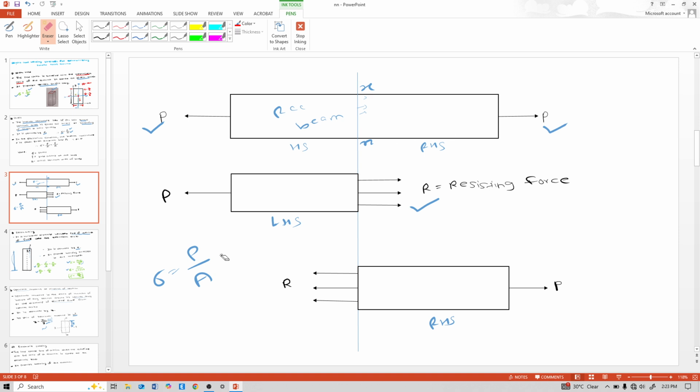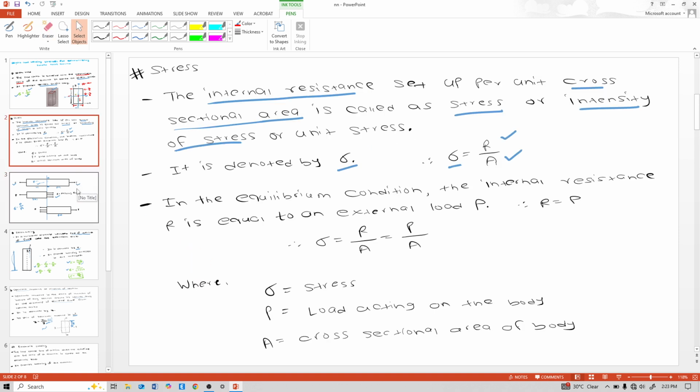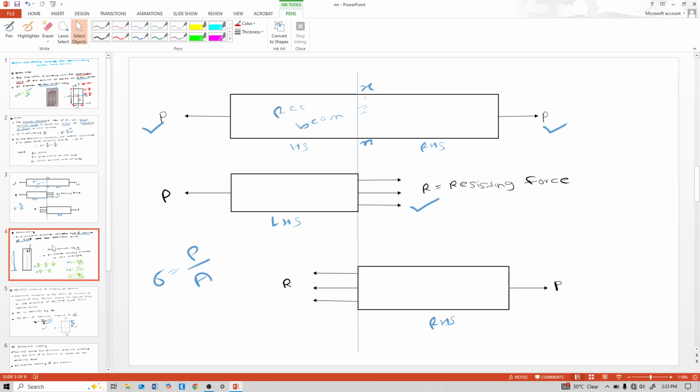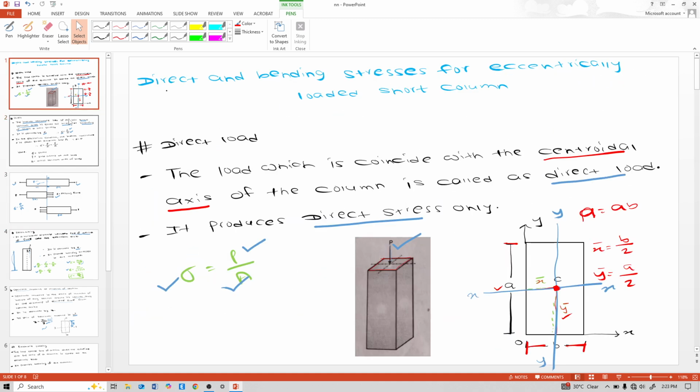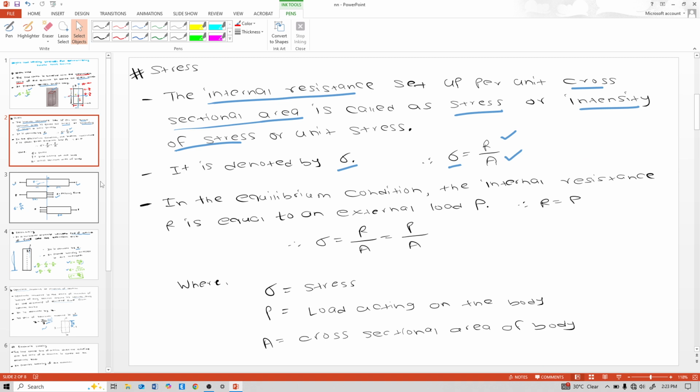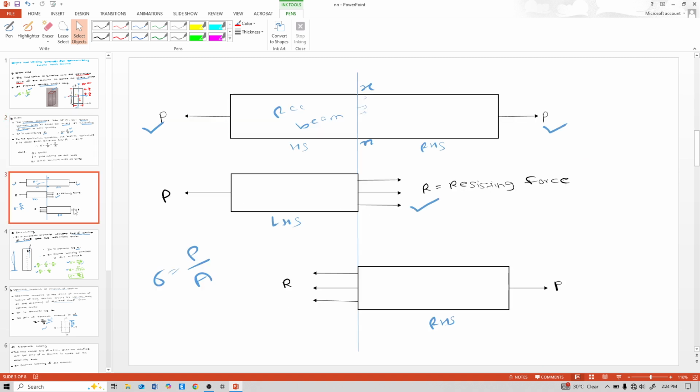Learn the difference between direct stress and bending stress.